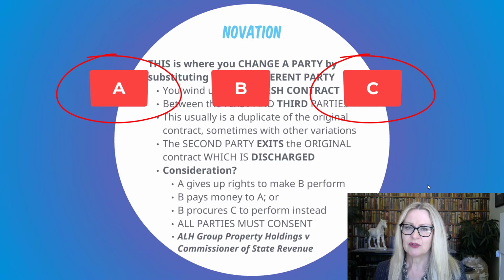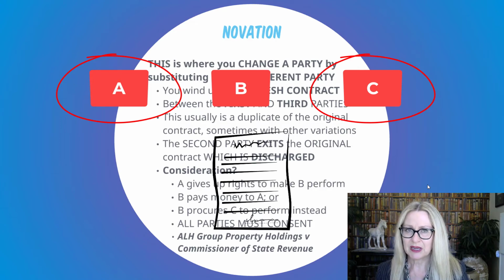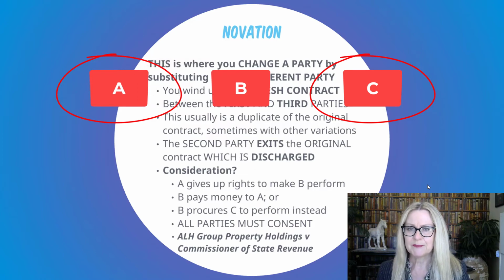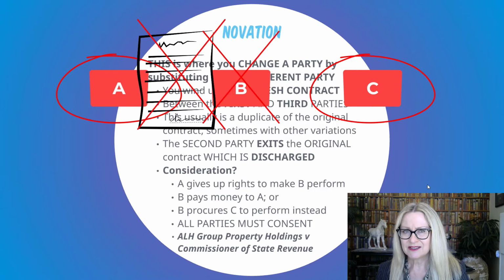Generally speaking, the contract that ends up on foot between those parties is exactly the same as the first original contract between the first and second original party. Sometimes extra things are put in, sometimes some terms are taken out. Usually you'll have a duplicate arrangement between the first and third party. The second party then exits the original deal, and that original contract is discharged.